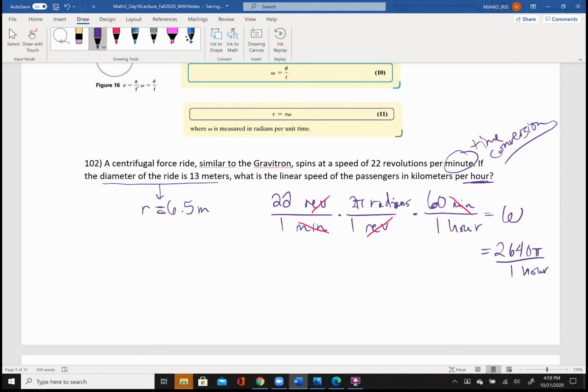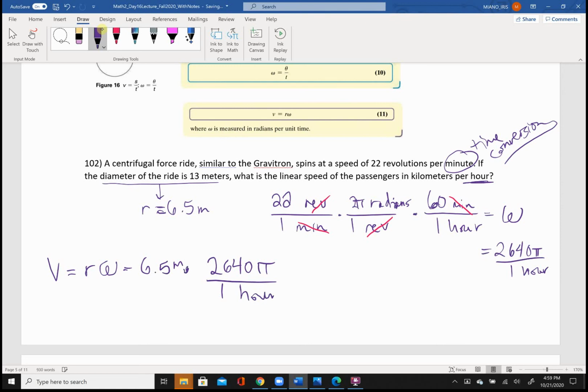Multiply that by your R: your omega times R is your linear speed, this V. So here we go, we're ready for it. V equals R omega, right? So that is 6.5 times 2,640 pi over 1 hour. And this is meters, right?